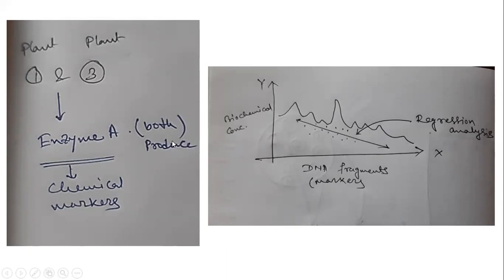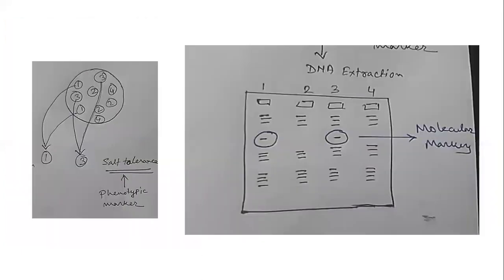Now if I extract the enzymes from all those plants, we found that enzyme A is produced by both of the plants, and this enzyme A was previously reported to have some role in salt tolerance, and now we are searching whether this enzyme A is linked with those molecular markers that I found in the previous gel section or not.